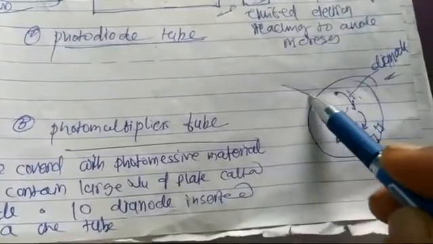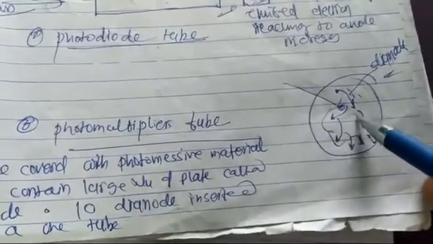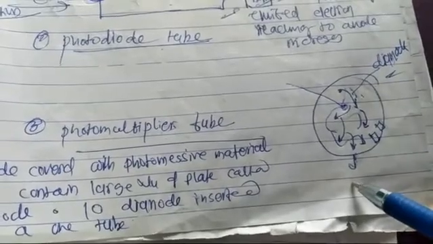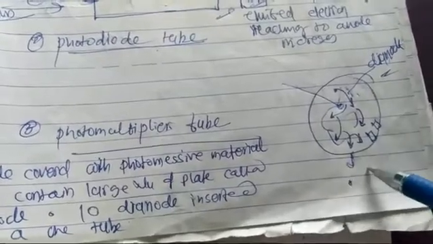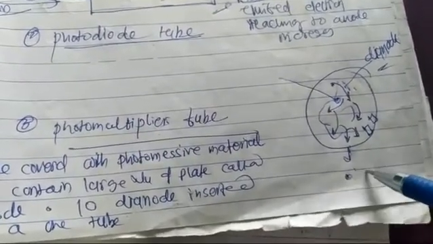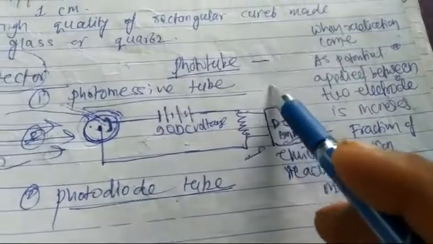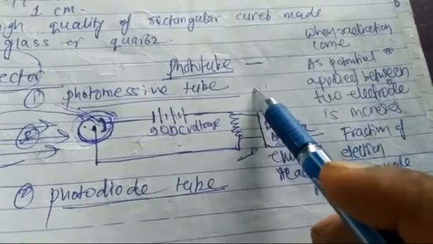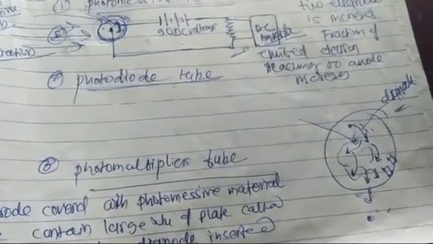When radiation comes, it multiplies the radiation and we measure small fractions of voltage changes. In the photoemissive tube, you cannot measure small quantities, but in the photomultiplier tube we can measure small quantities.